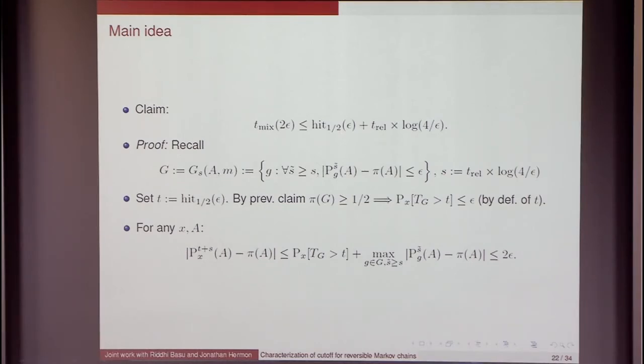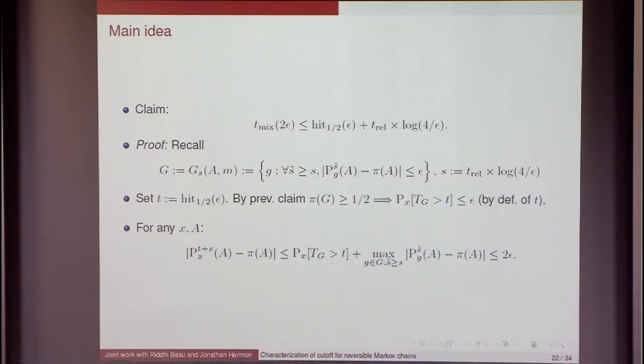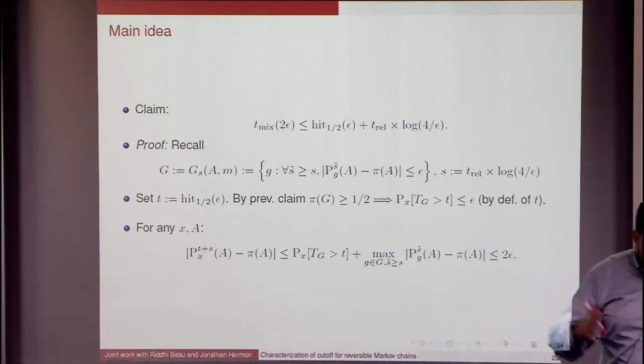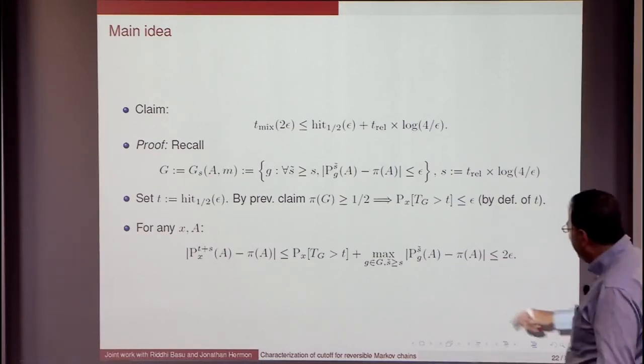And now my target time is T plus S. So how much time do I have left from my hitting time of G to the target time? Well, it's at least S, I don't know exactly what, but the maximal inequality or the definition of G exactly controls all times S tilde bigger than S. So whatever time I hit G in, if it's less than T, until T plus S, I have some remaining time, which I can think of as an S tilde bigger than S. And this hitting point I think of as g.